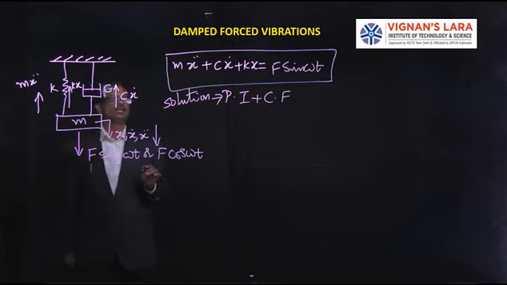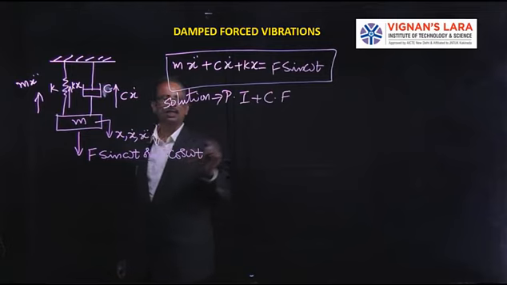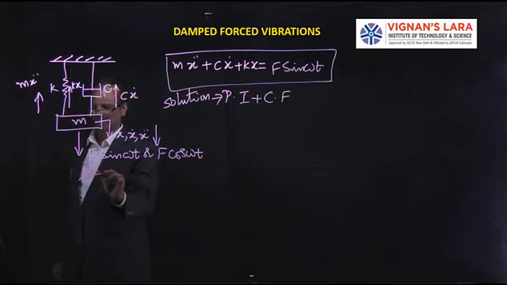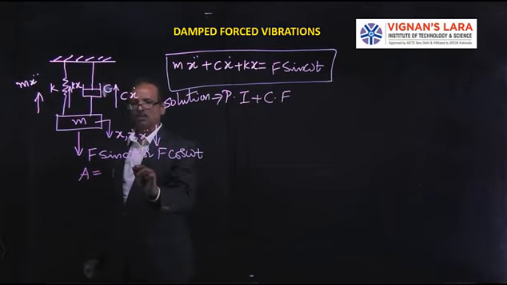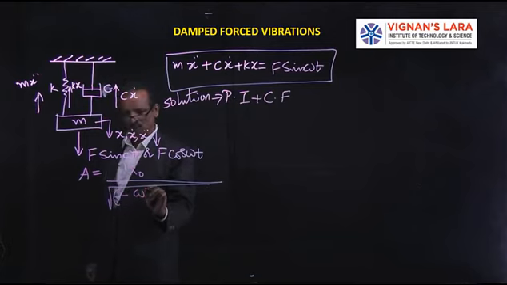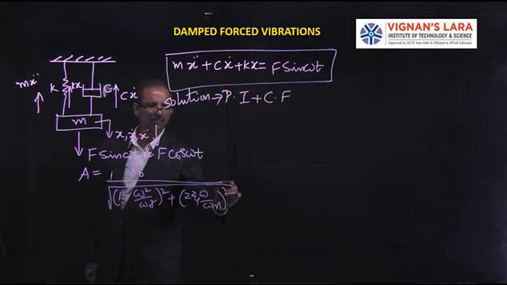Here we can write the amplitude of the vibration A equal to x naught by root over 1 minus omega square by omega n square, whole square, plus 2 zeta omega by omega n, whole square.